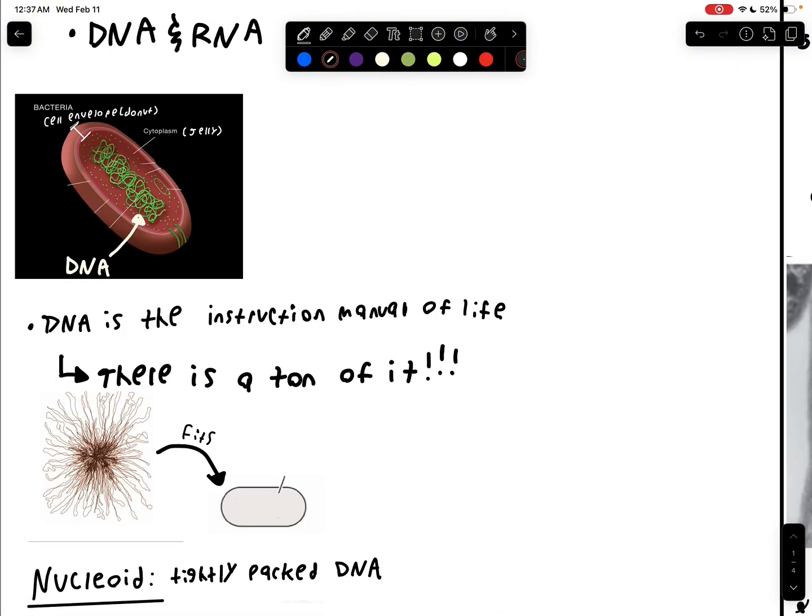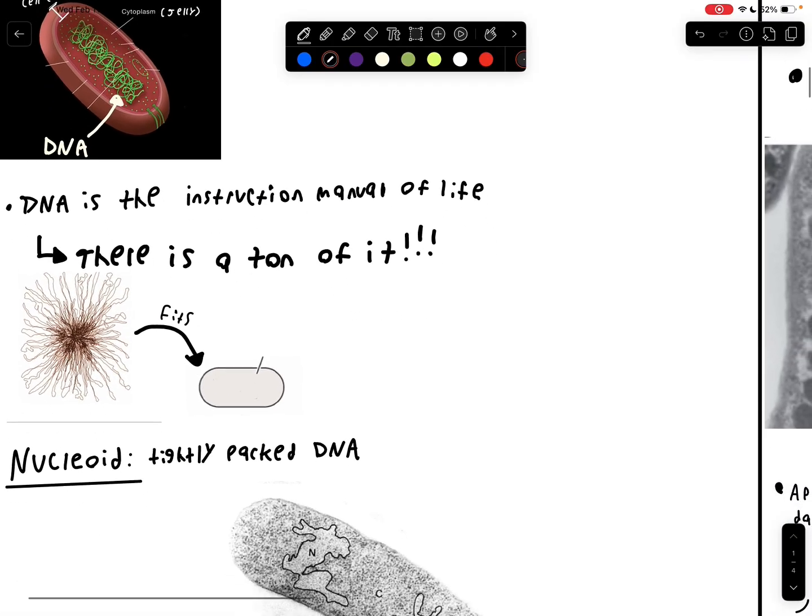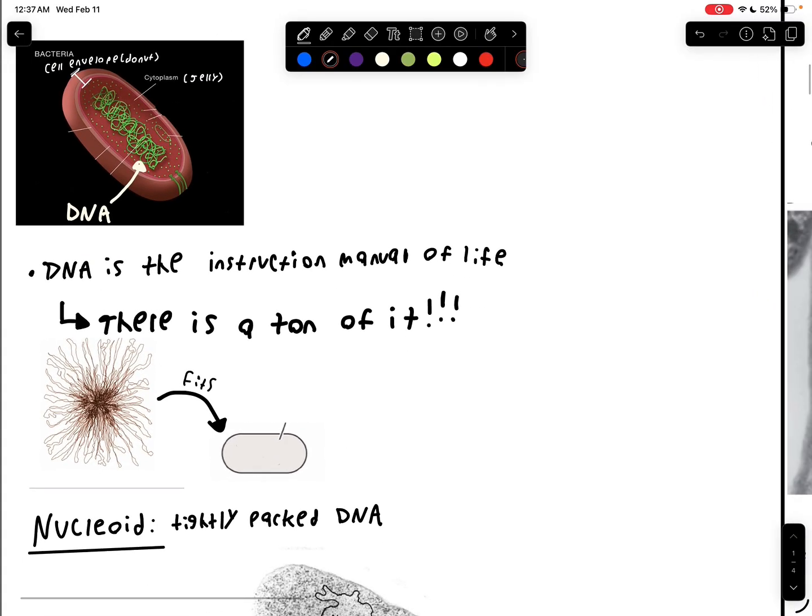Now, just so you remember, DNA is basically the instruction manual of life. If you've ever had an instruction manual for any kind of product, it's usually pretty hefty. Now, imagine an instruction manual for your entire existence, right? So that's just to show that there's a ton of it.